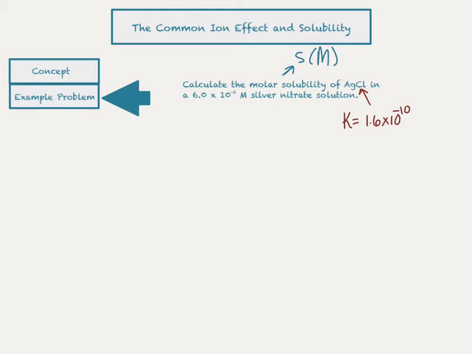Okay, now that we have enough starting information, I need to figure out what exactly is in my container. When I look at this question, I see two different things. I see my slightly soluble material, where I will probably start with a solid silver chloride, and it can split apart into silver ions that are aqueous and chloride ions that are also aqueous.